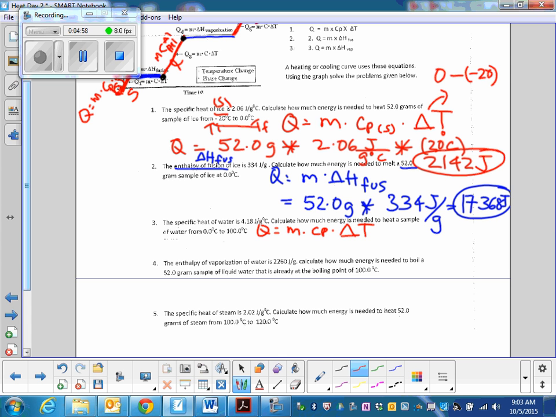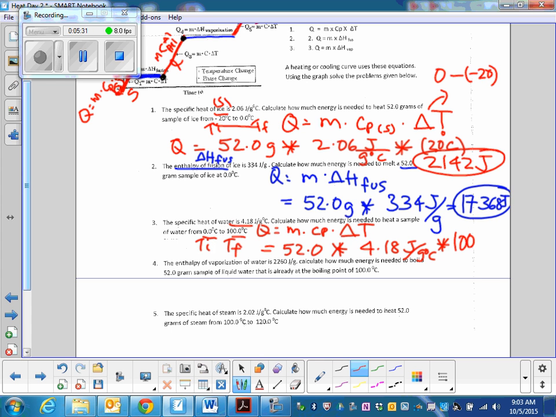My specific heat is now the specific heat of a liquid. So my math is 52.0 times 4.18 joules over grams degree Celsius, times, what is the change in temperature? This is T initial, 100 is my T final. So 100 minus 0 is 100.